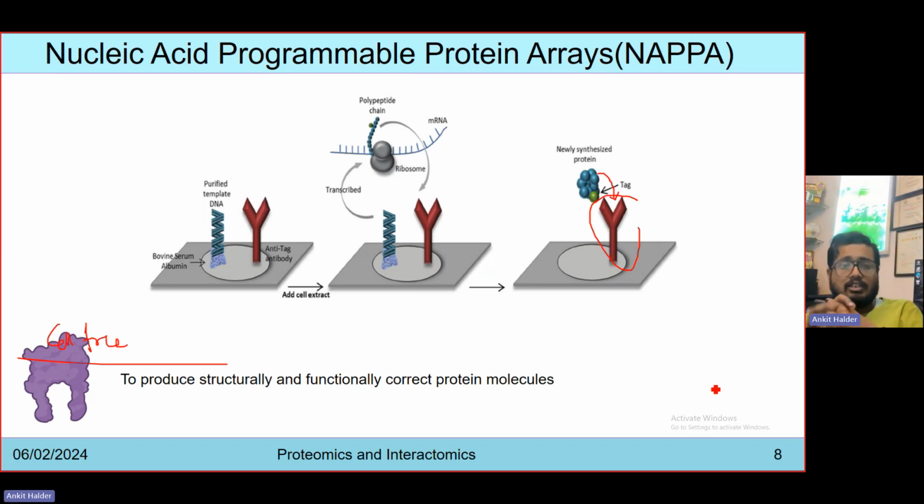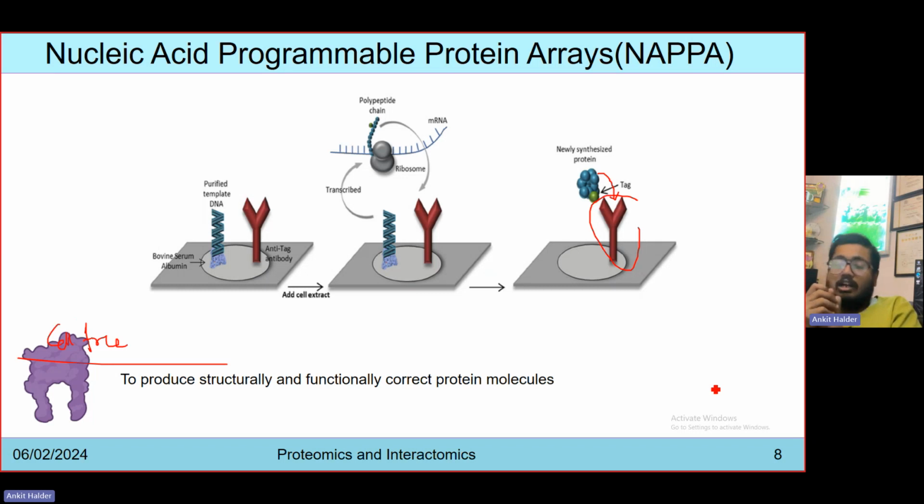So this is the concept to have structurally and functionally correct protein molecules without going through unnecessary steps of cloning and purification. As I mentioned, the challenges remain associated with the attachment of host proteins, which will not give you the exact structure and function of a particular protein.